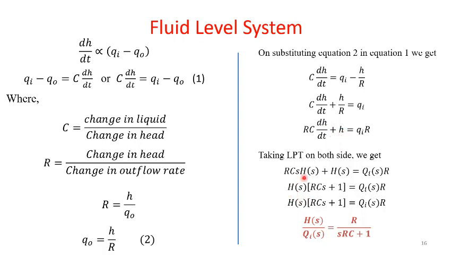Here H of S is common, we take it, we get H of S times R C S plus 1 equal to Qi of S into R. Hence rearranging the above, we get H of S by Qi of S equal to R divided by R C S plus 1, where RC is again a time constant written as tau.